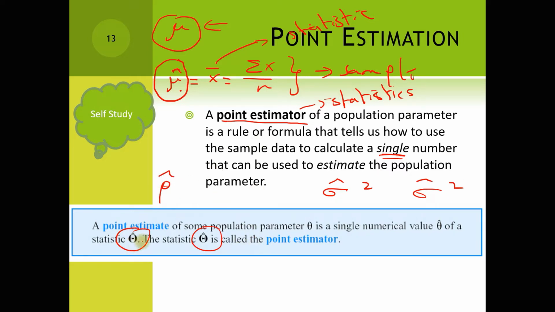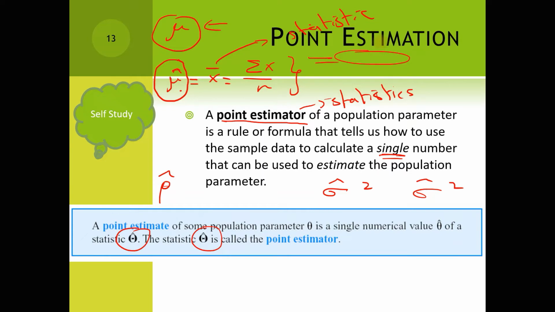So this is why we used a different Greek letter, theta, here to describe any possible estimator. Now, you have a point estimator, and the value that you get from the point estimator when you compute it will be what we call the point estimate. The point estimator is the rule or the formula, and the value that you get from it represents what we call the point estimate.